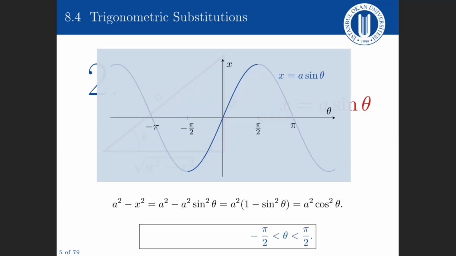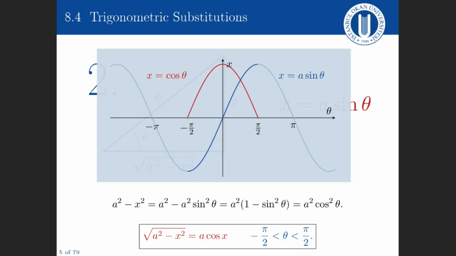Now, again, we're interested in the middle part of the graph. We're just interested in theta between minus pi over 2 and pi over 2. That will give us all of the values of x that we need. And if we are between minus pi over 2 and pi over 2, then cos theta is always positive.